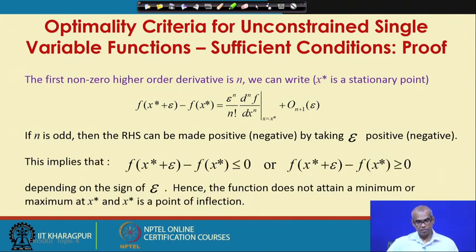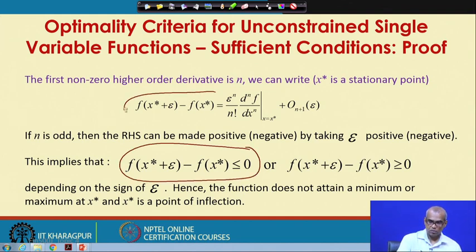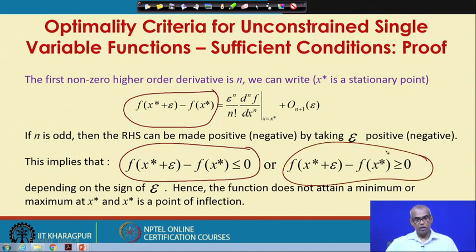This implies that f of x star plus epsilon minus f of x star can be less or equal to 0, or it can be greater or equal to 0 depending on the sign of epsilon. Hence, the function does not attain a minimum or maximum at x star, and x star becomes a point of inflection.